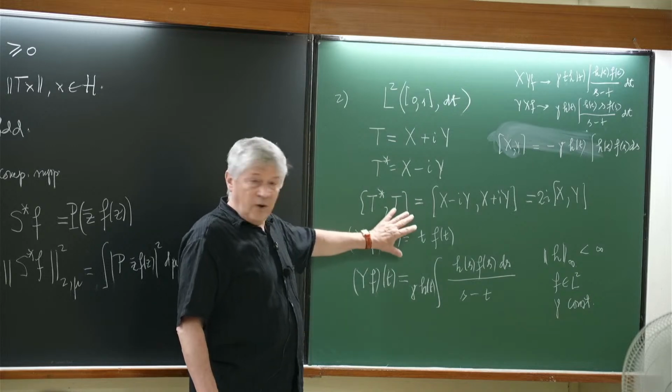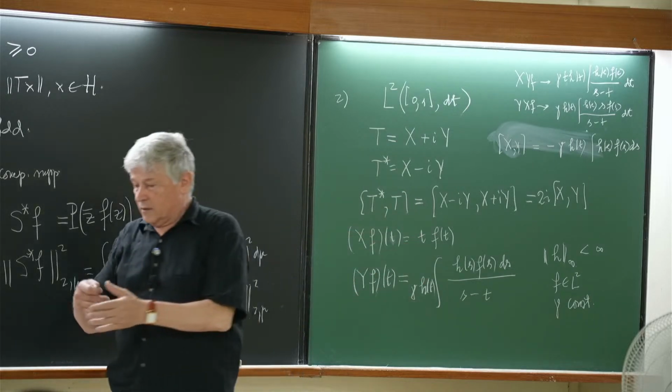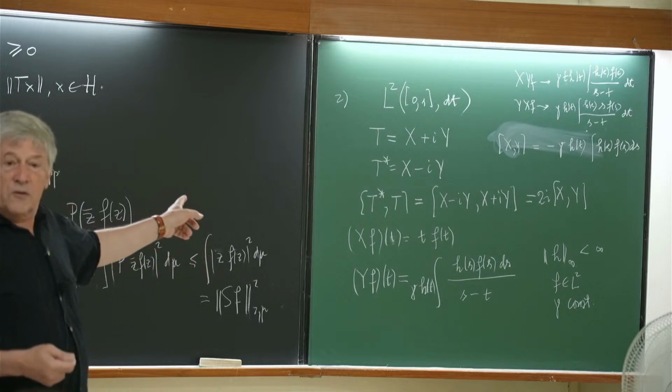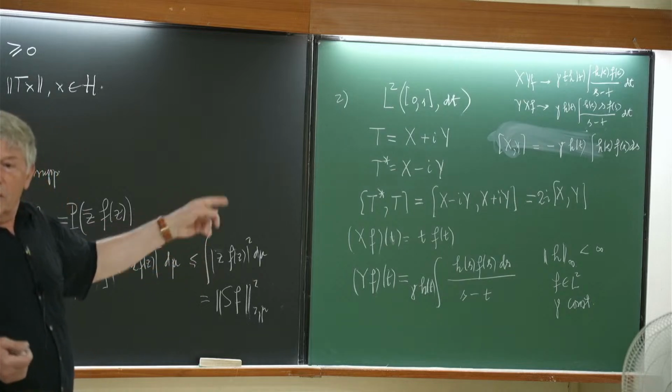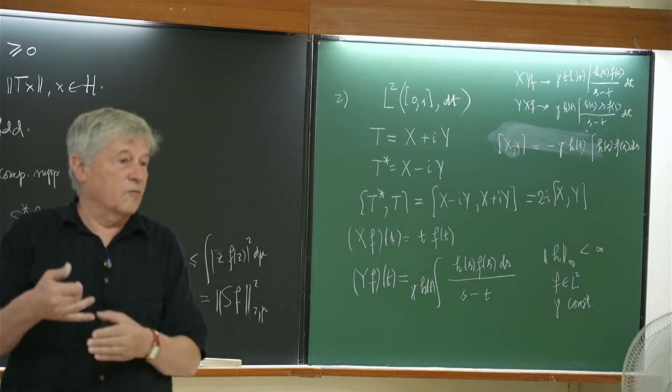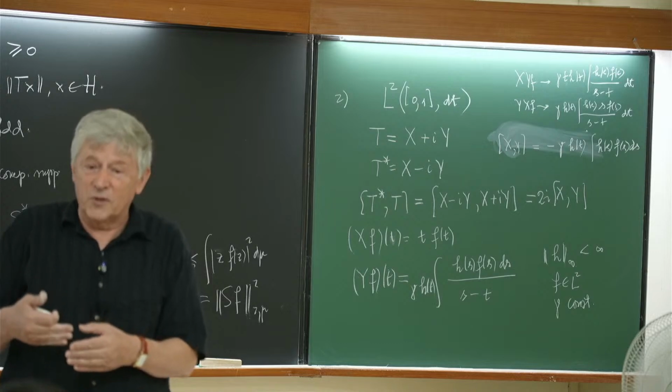Now, why do I mention all this? Because the whole spectral theory of hyponormal operators is based on this model. When we study different classes of hyponormal operators, we want what is called functional models.